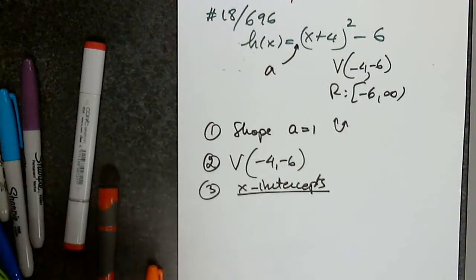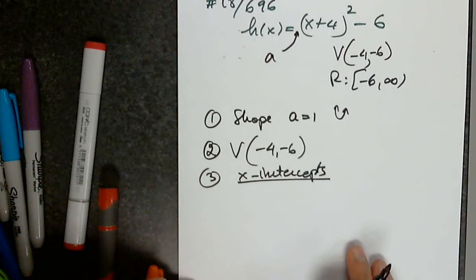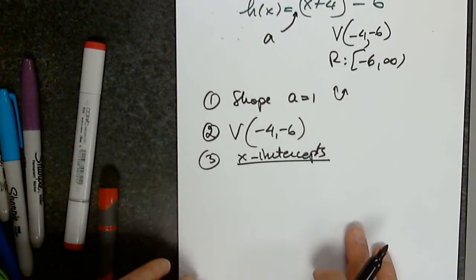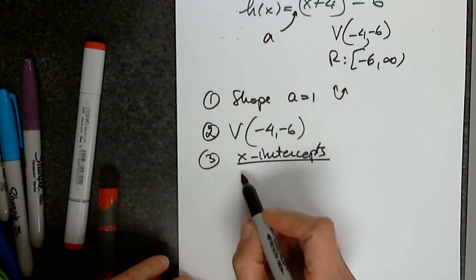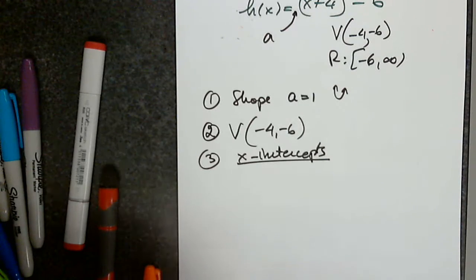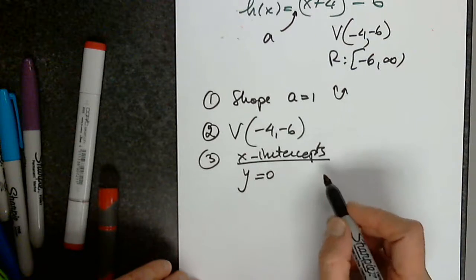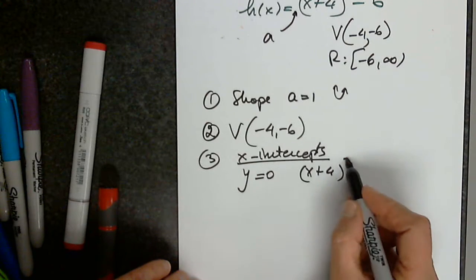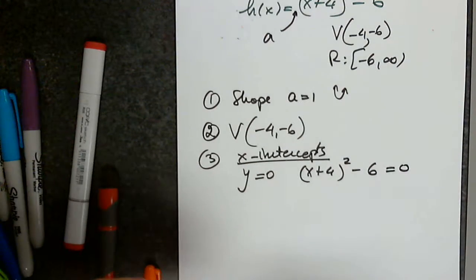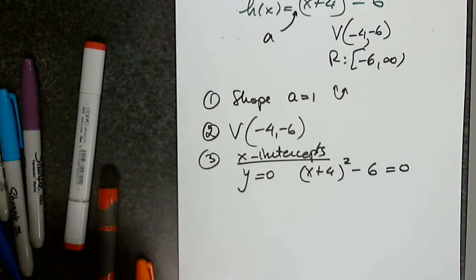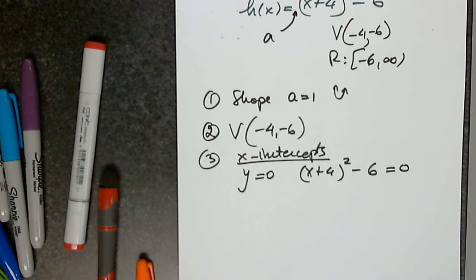Good, very good. So now this part is slightly more difficult in this form. So in order to find the x-intercepts, what do I set equal to 0? Exactly. So then I have (x plus 4) squared minus 6 equals 0. You could square that and then incorporate -6 and then use the quadratic formula.